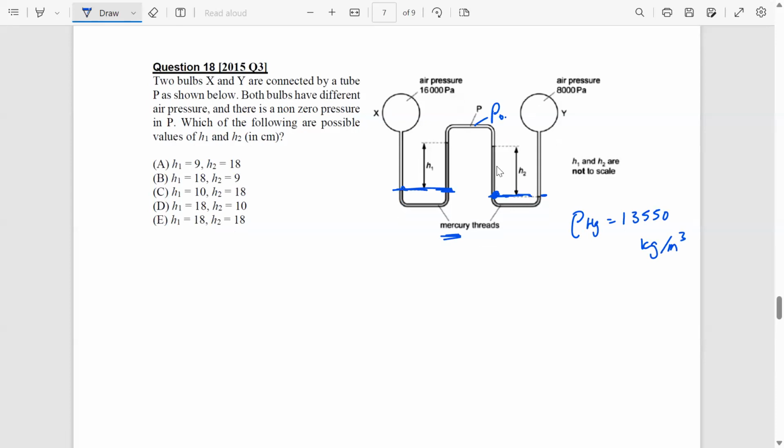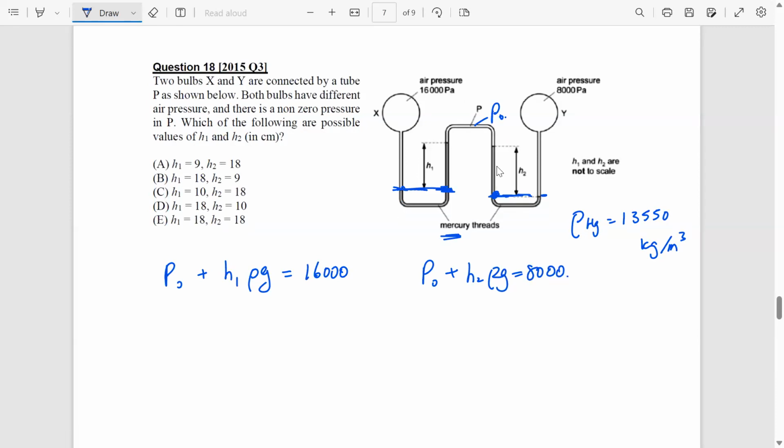So what happens at this point is that P naught plus H1 rho g is equal to 16,000. And at this point, P naught plus H2 rho g equals to 8,000.